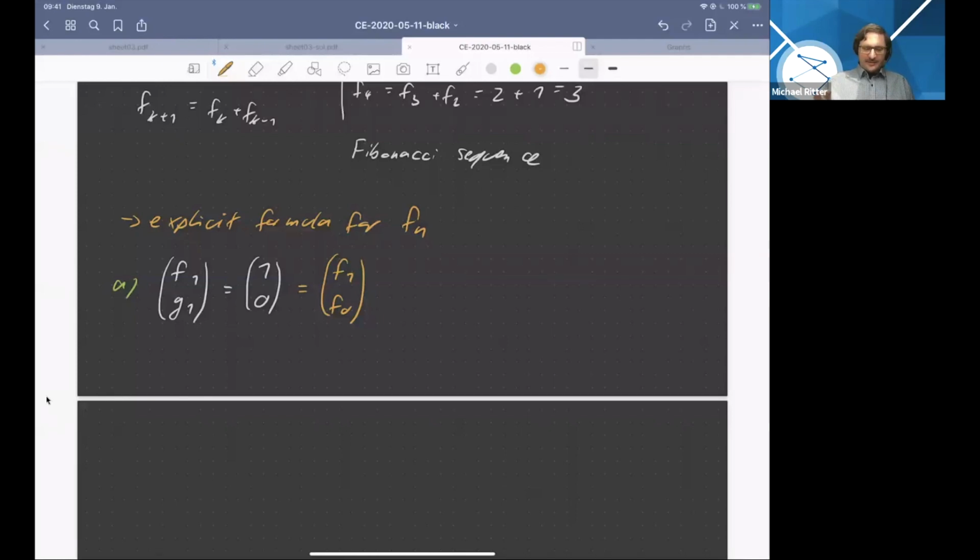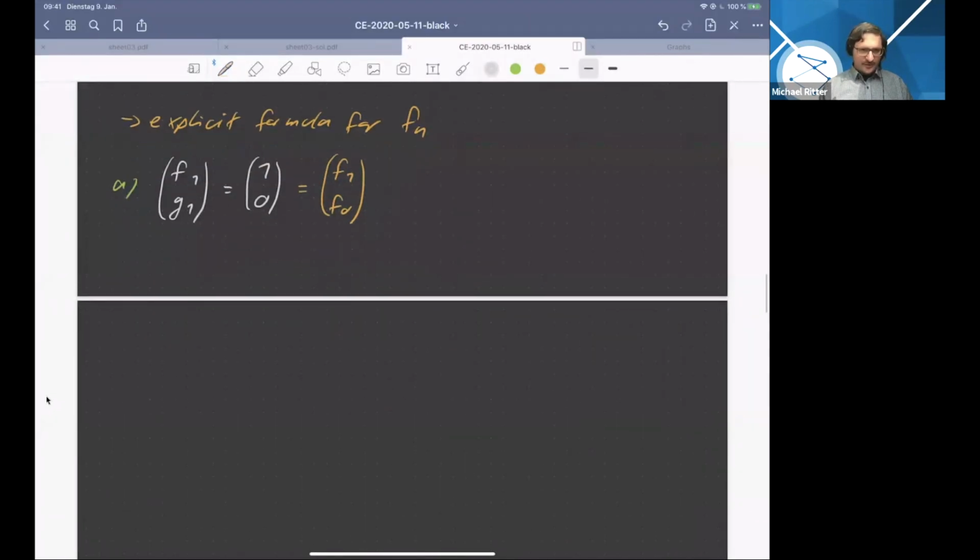So we take both an fk and its predecessor fk minus 1 into one vector, so that we have all the values that we need to compute the next Fibonacci number. And we can then formulate this as a matrix recursion. So the definition of Fibonacci numbers then looks like this: fk plus 1 is fk plus fk minus 1.